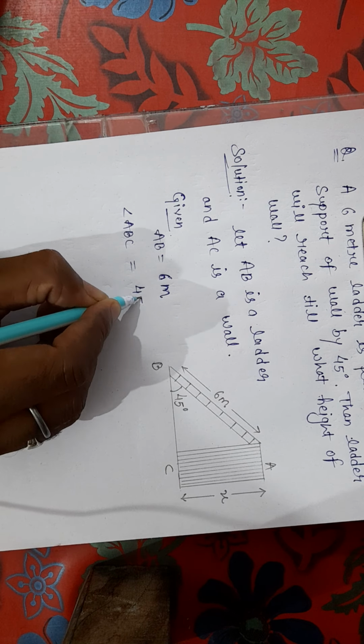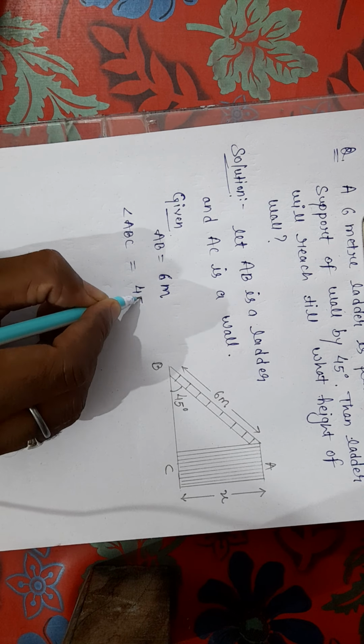So in triangle ABC, by the sine rule, we will apply it here. The theta value is 45.